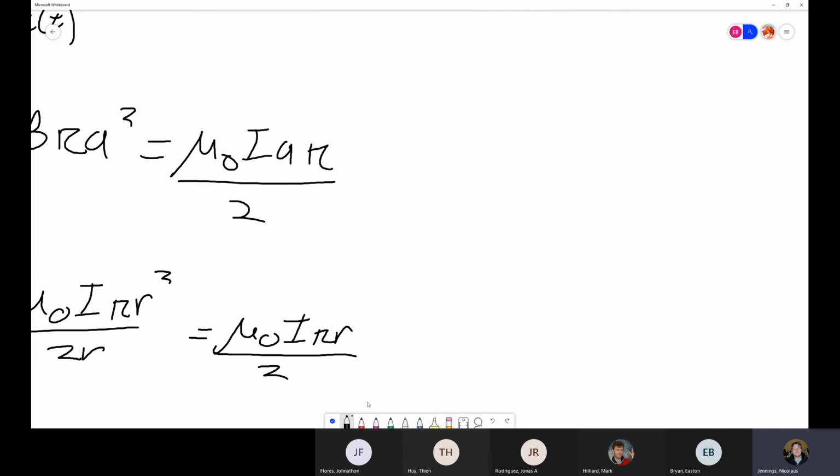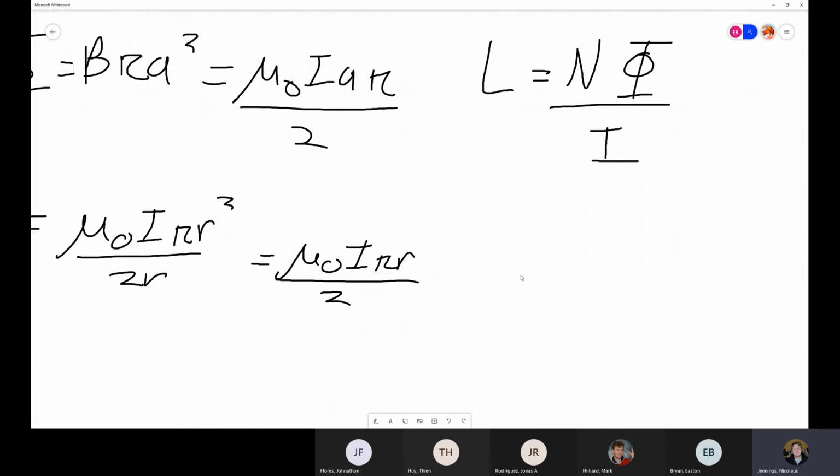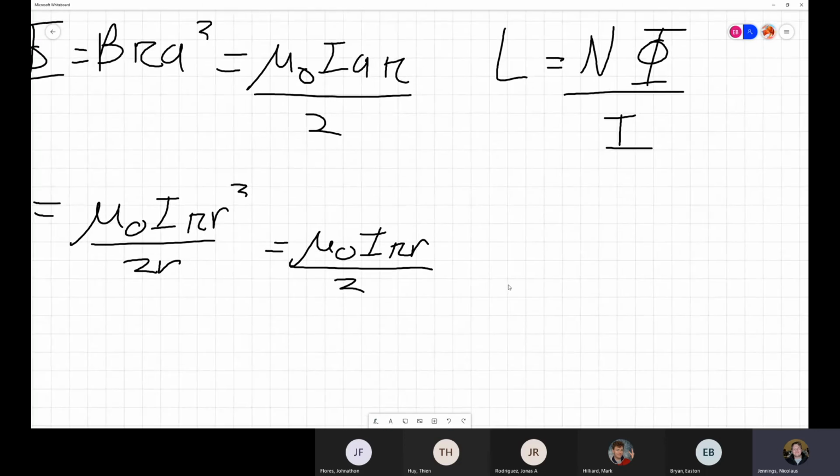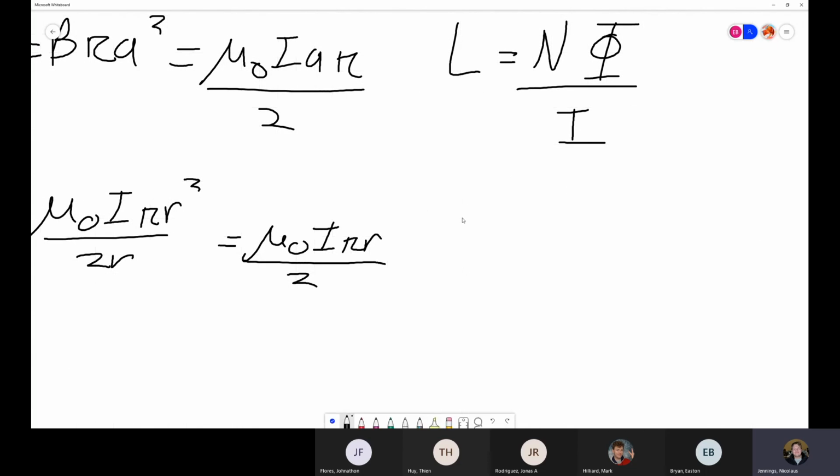Instead, what we have is the self-inductance, L, is equivalent to the number of turns times magnetic flux over your current. Obviously, this is just rewriting capital lambda, but you don't have to think about capital lambda. You can just think about it in terms of N. What we can do then is rewrite it.